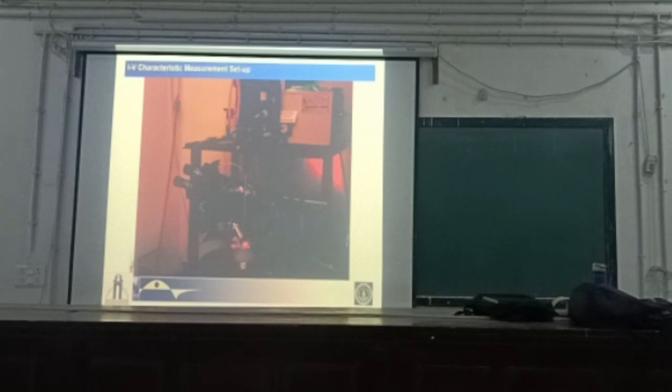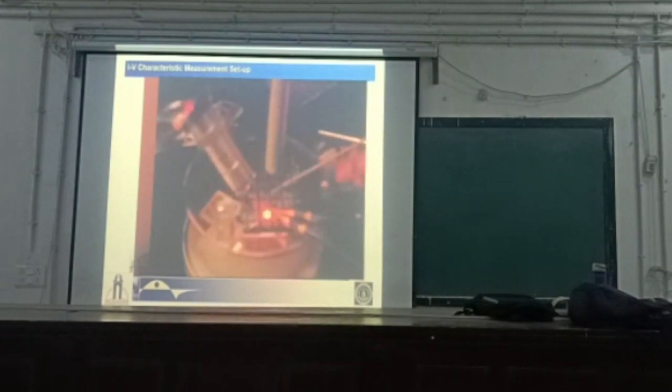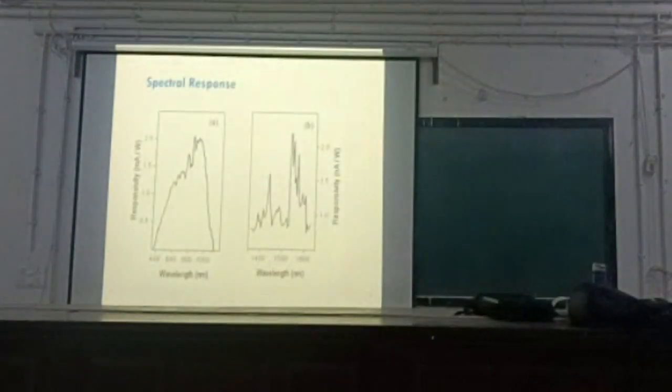That gives you the spectral response. Look at the spectral response. Within the visible region and within the band gap of silicon, you get milliampere per watt kind of spectral response. Light is falling on that, you are getting some current.